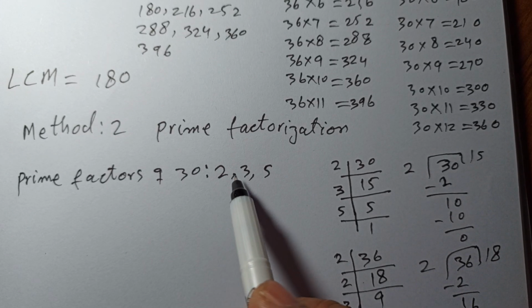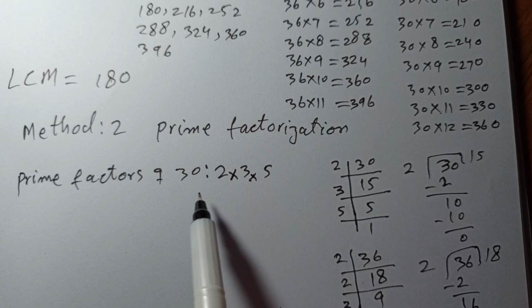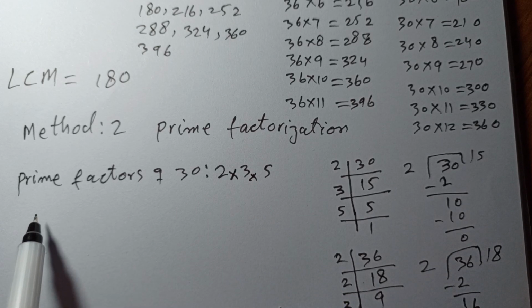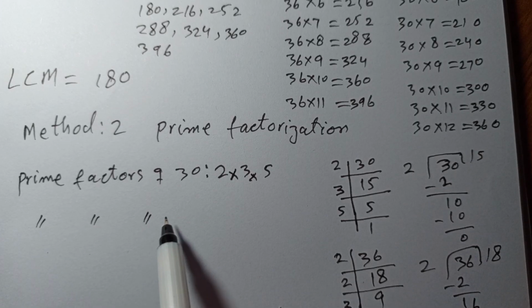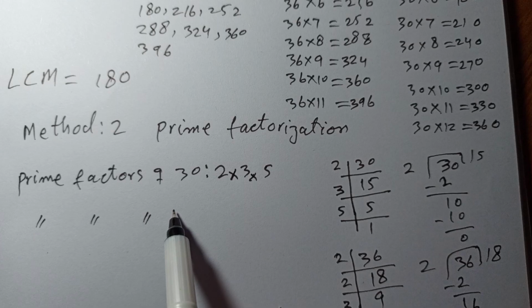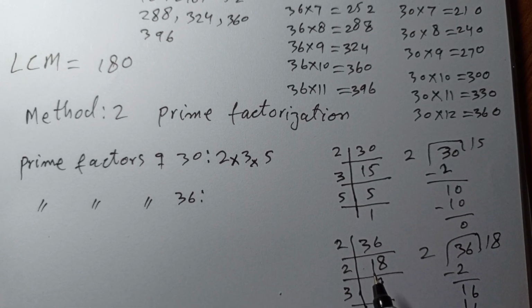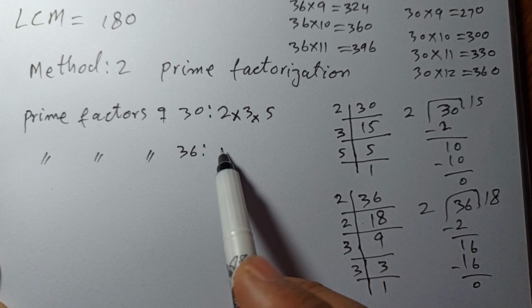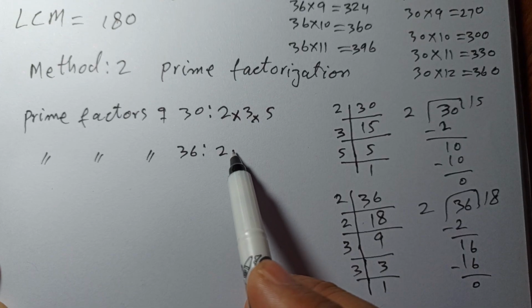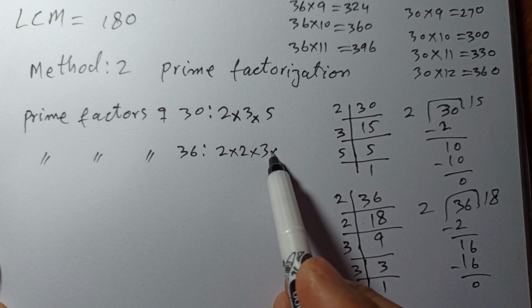We should write a multiplication sign here instead of commas. The prime factors of 36 are 2, 2, 3, 3: 2 multiplied by 2 multiplied by 3 multiplied by 3.